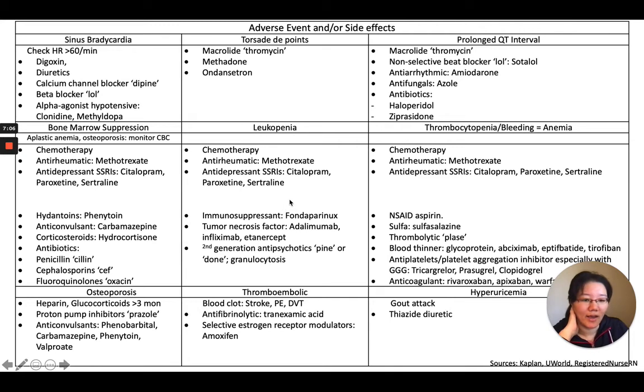So I'll find that out, and you can search on the internet as well. But the reason I wrote it like this is because when I did the NCLEX questions, I haven't encountered a question that said this medication does cause leukopenia. So you can have a search for it.